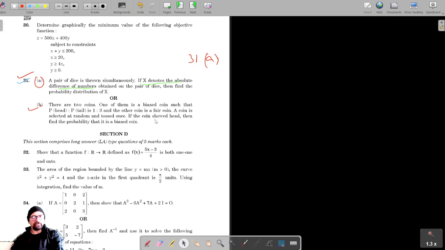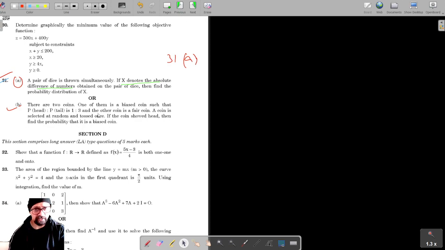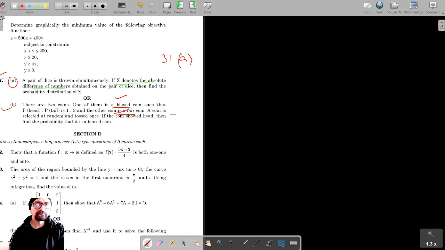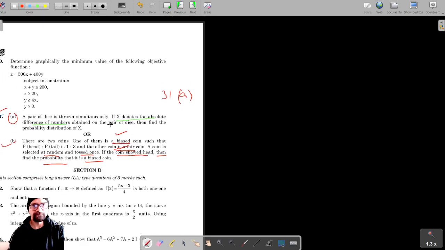One of them is a biased coin, such that the ratio of probability of head to probability of tail is 1 by 3 on the biased coin. And the other is a fair coin. So one is biased and the other is a fair coin. A coin is selected at random and tossed once, and if the coin showed head, then find the probability that it is the biased coin.